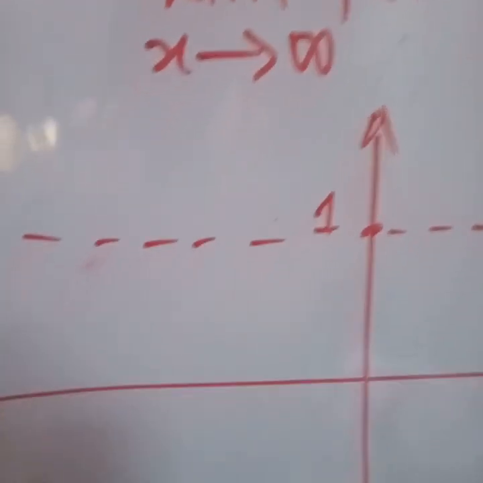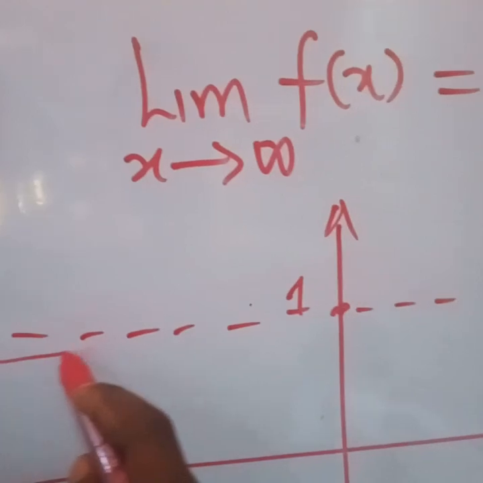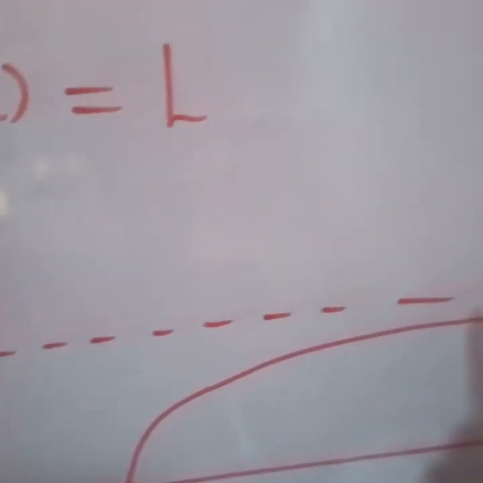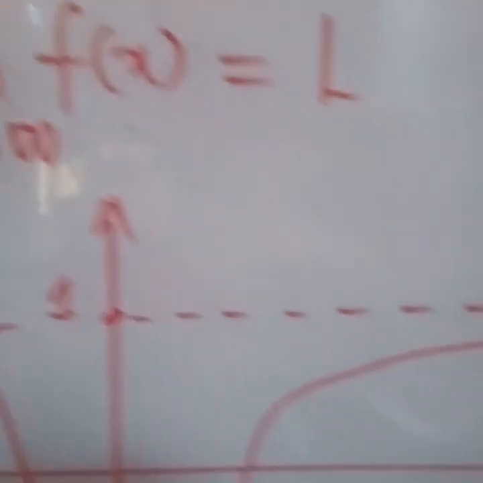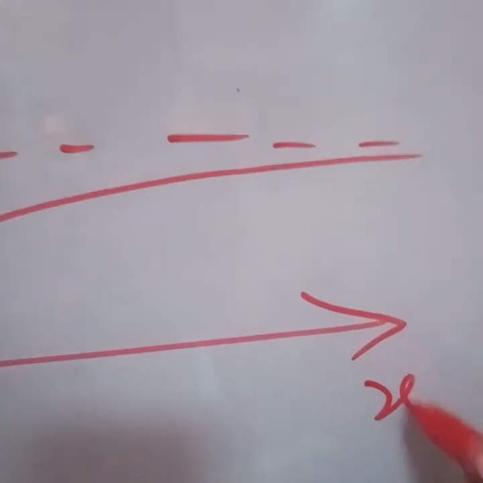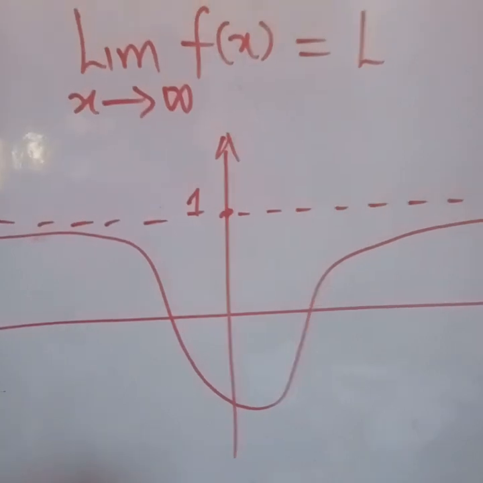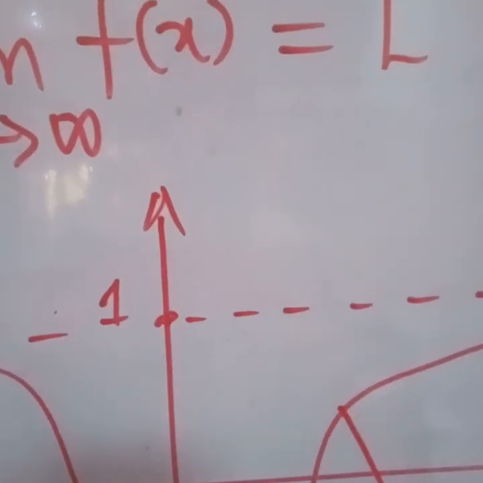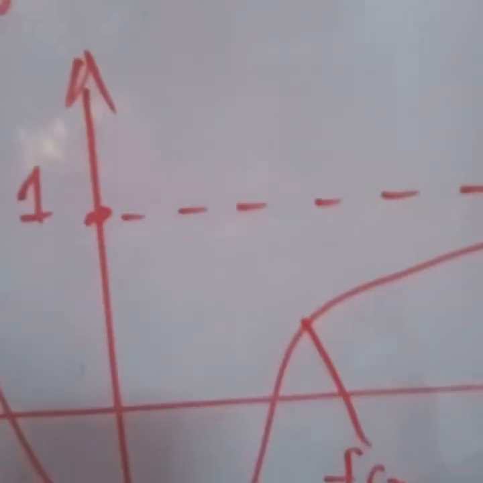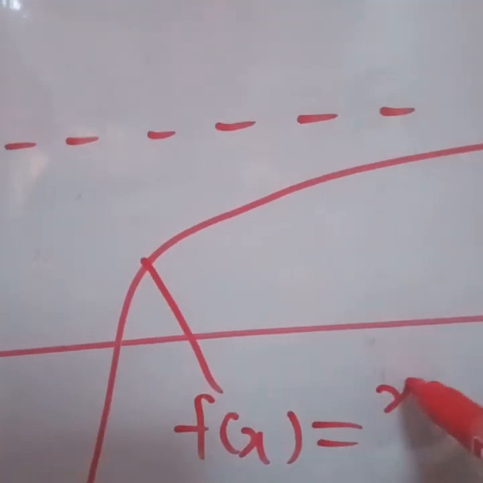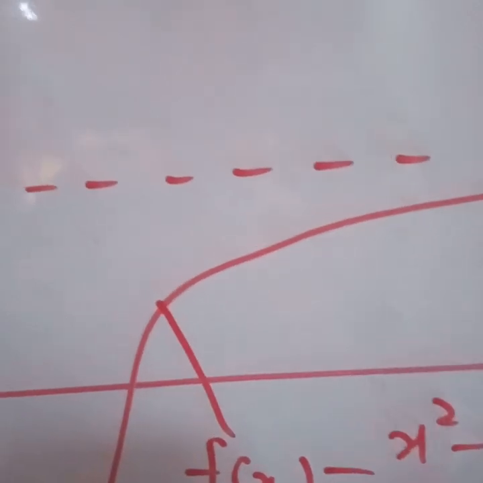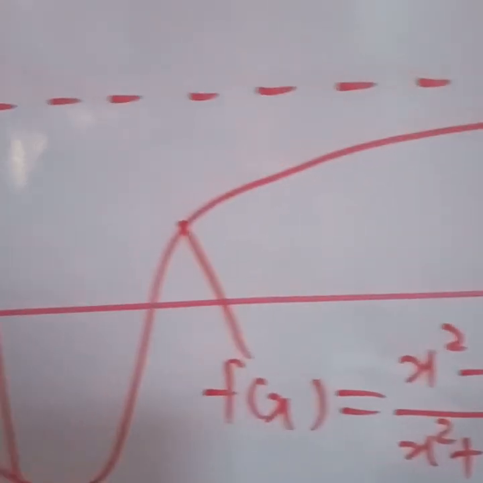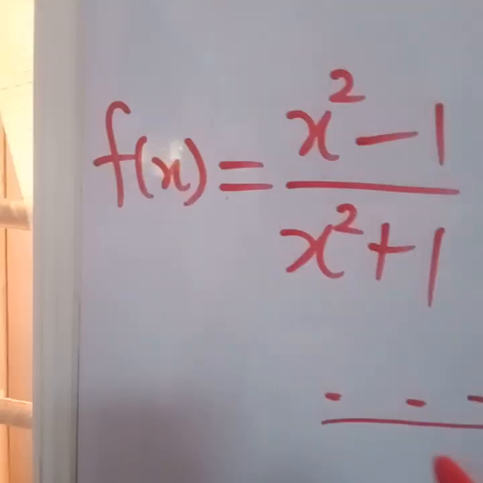When we draw the graph of this function, it behaves this way. So this curve is the function f of x equal to x squared minus 1 divided by x squared plus 1.